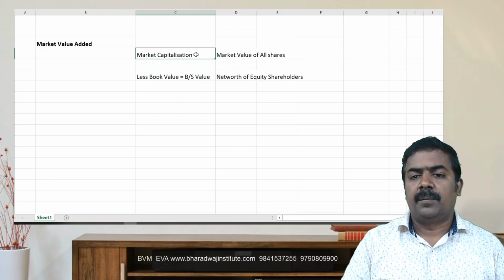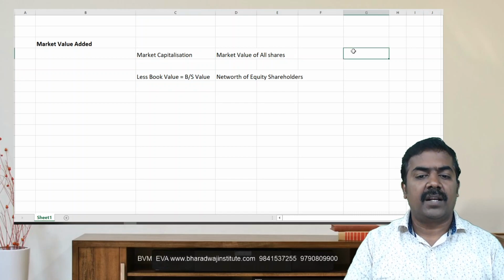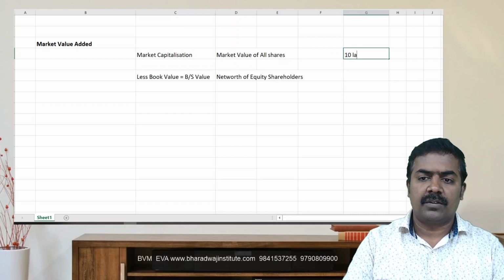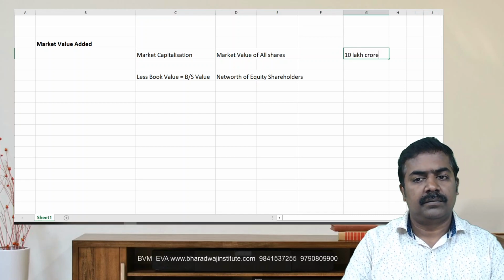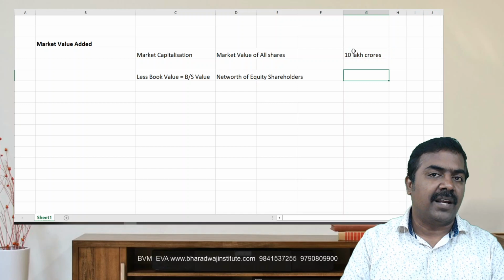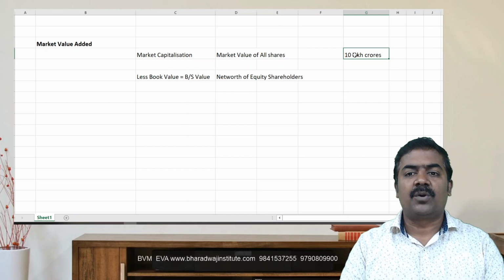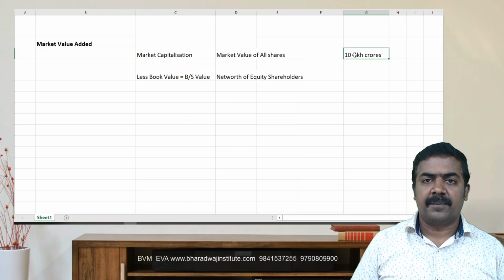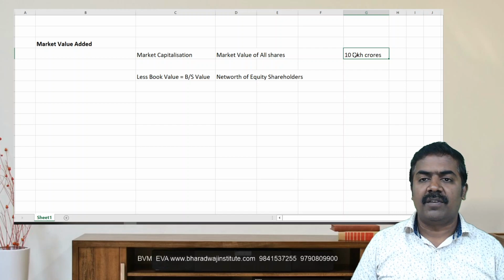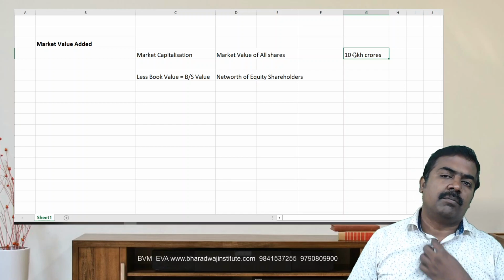For example, let us take Reliance Company's market value as 10 lakh crores. This is the total value of shares traded in the market.